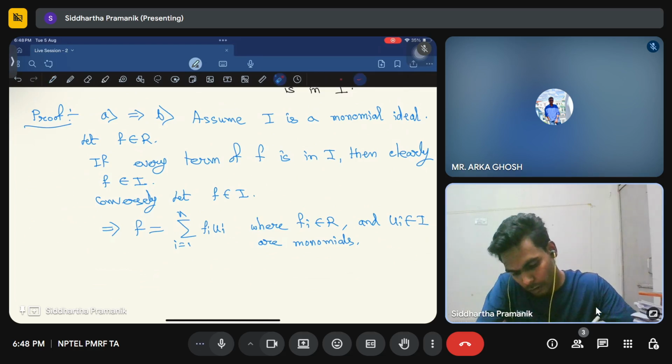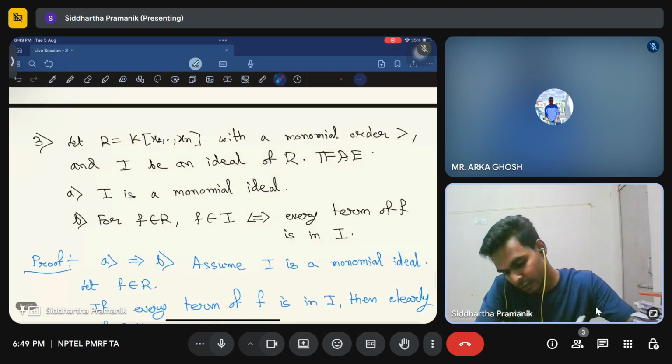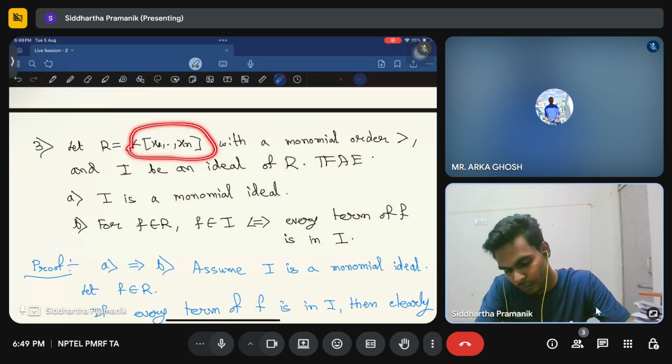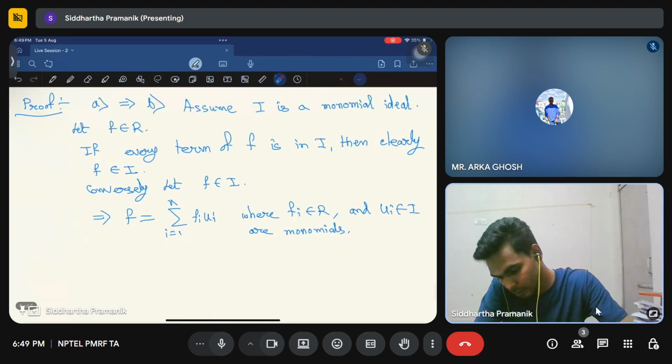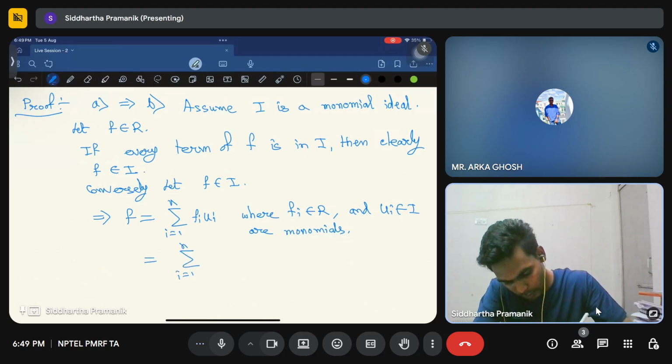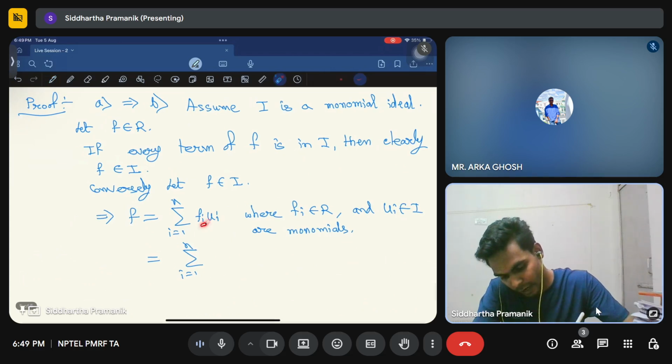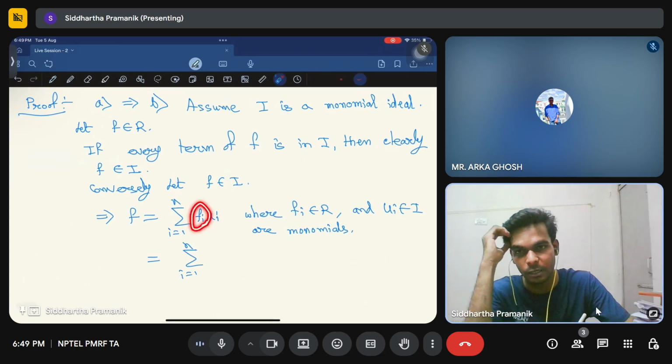Now f_i's are arbitrary elements of R. So since this polynomial ring is a k-vector space where the monomials form a basis, we will use that. So again we can write it as, we will break these f_i's as k-linear combinations of monomials.